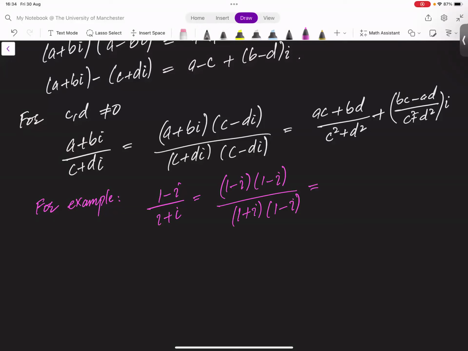If you multiply these, you will end up with minus 2 iota over 2, which is minus iota only.